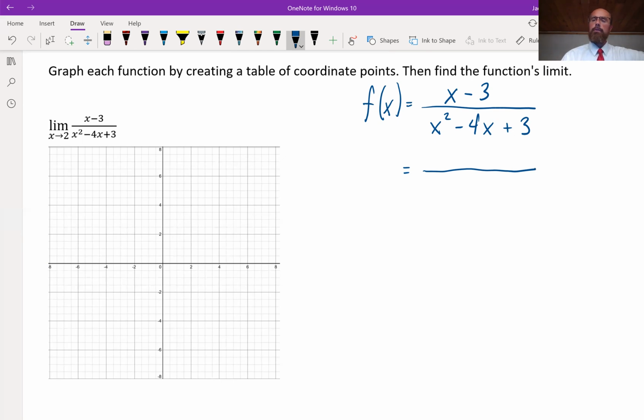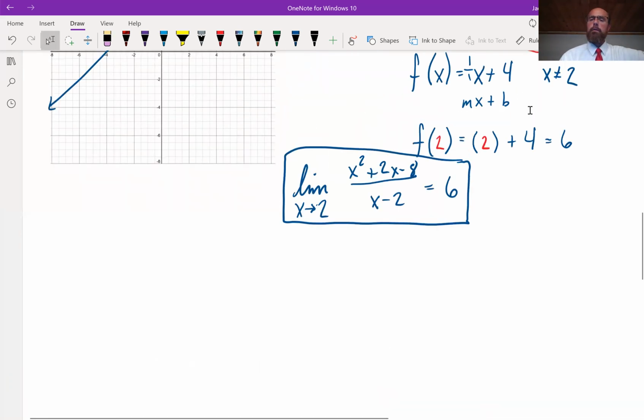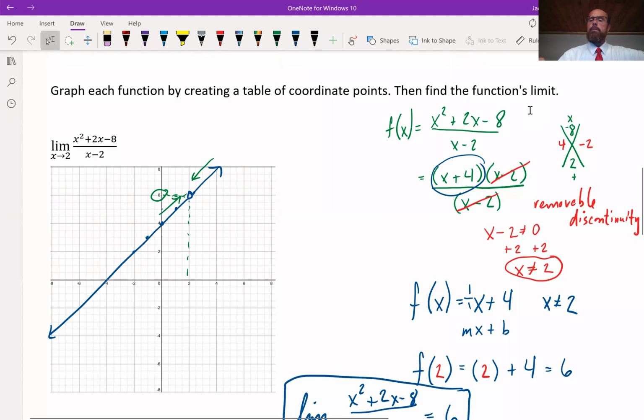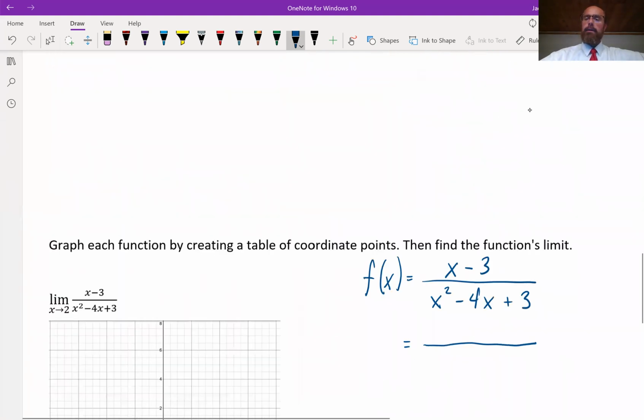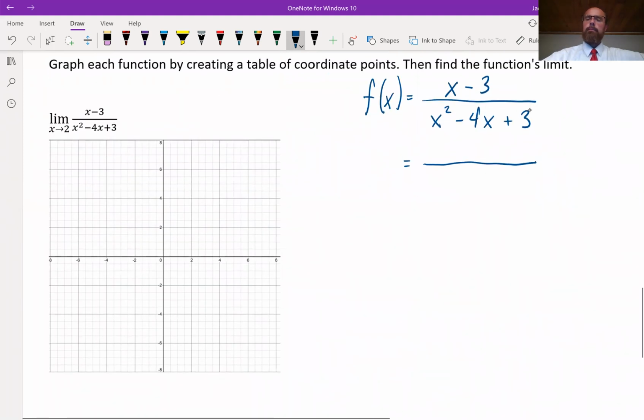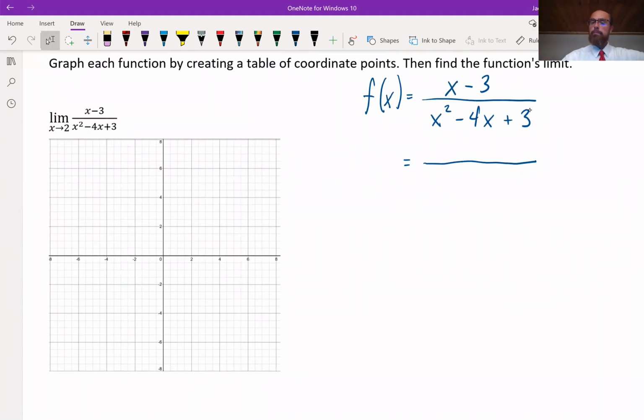Let's go and look there real quick. Excellent. You want to factor. So in the last example, we factored the numerator. That's where the quadratic was living. Where's the quadratic now? Good, it's below. So what I want to do is factor that x squared minus 4x plus 3.